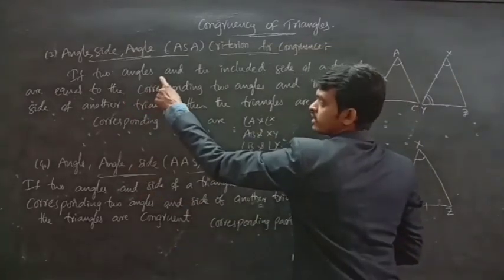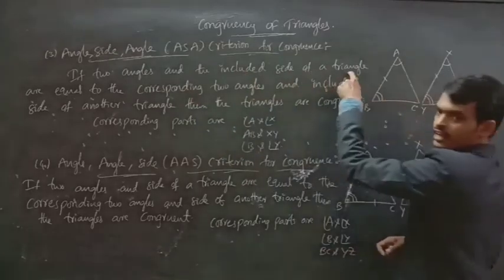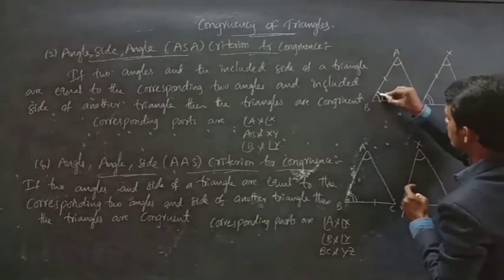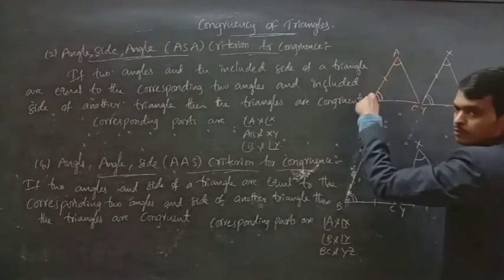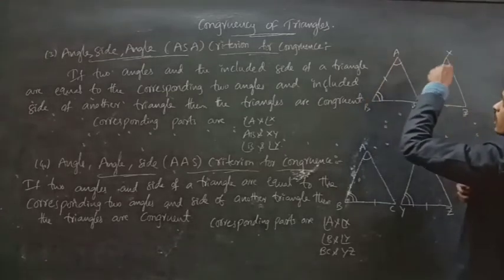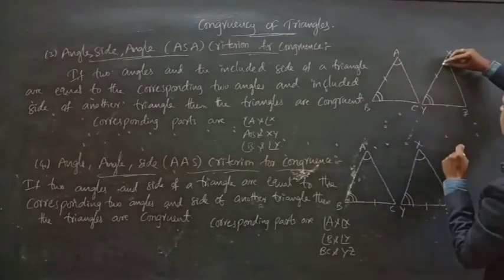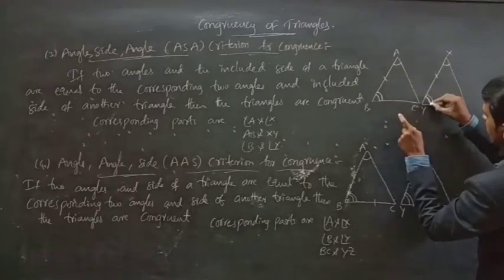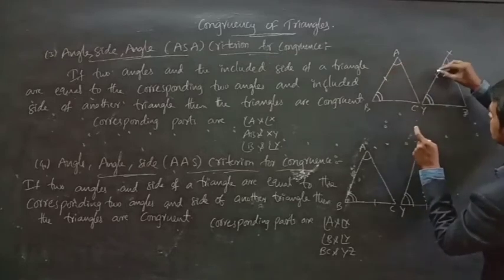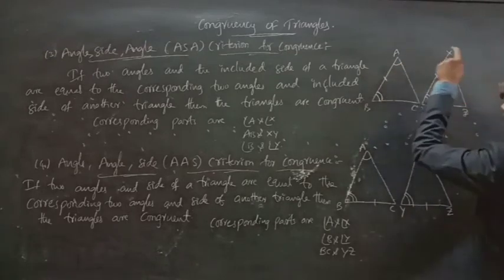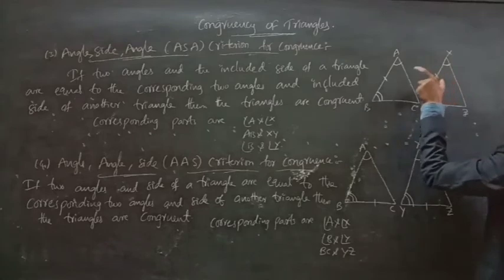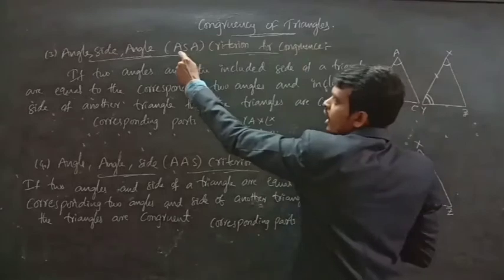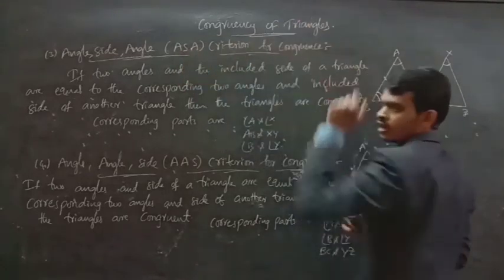Two angles, angle A and angle B, and the included side AB, are equal to the corresponding two angles and included side of another triangle, then the two triangles are congruent according to the angle side angle criterion.